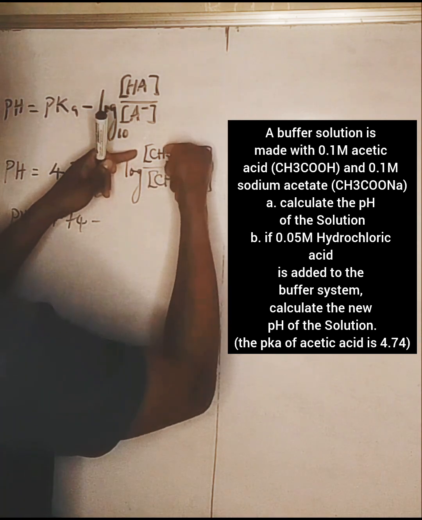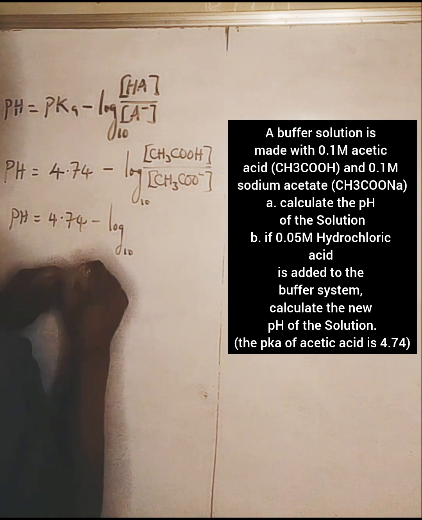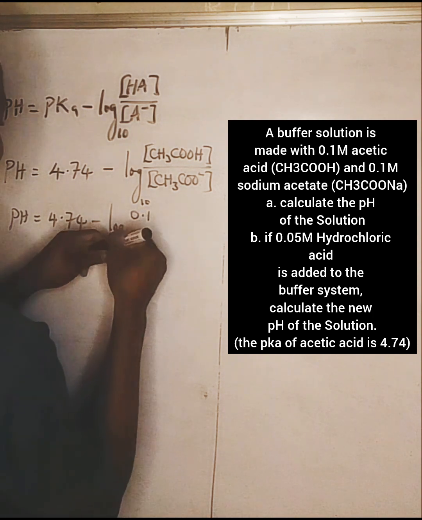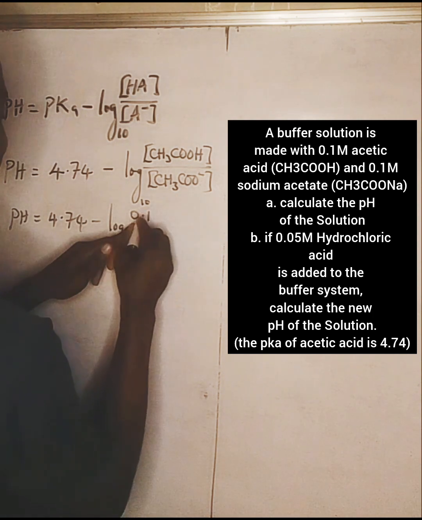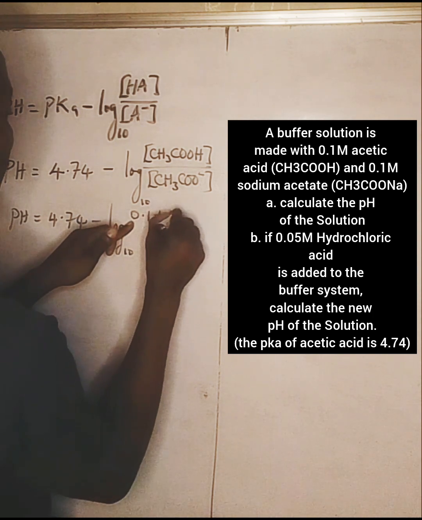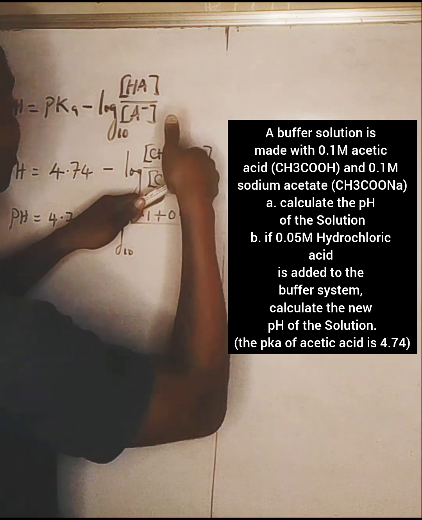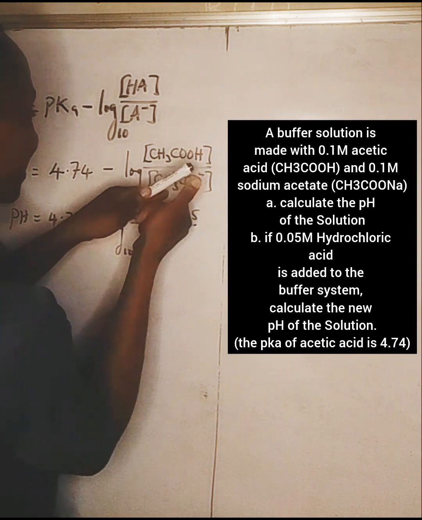Remember, hydrochloric acid increased the concentration of the acetic acid by 0.05, so the original concentration will increase by 0.05. And this one decreases because that is what the hydrochloric acid attacked directly.